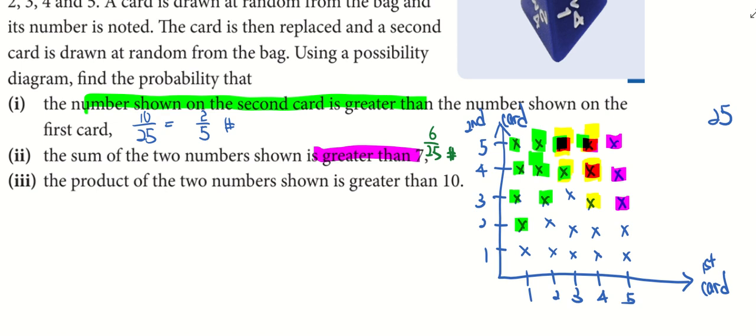Then we also have 5 times 3, 5 times 4, 5 times 5, but 5 times 2 cannot. Am I right? The highlighted yellow ones: 1, 2, 3, 4, 5, 6, 7, 8. There are a total of 8 of them.